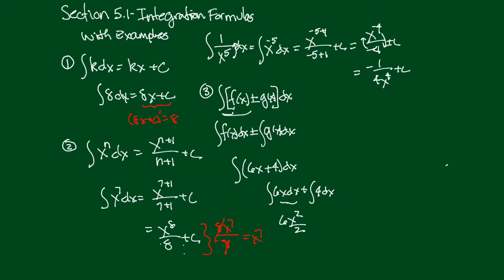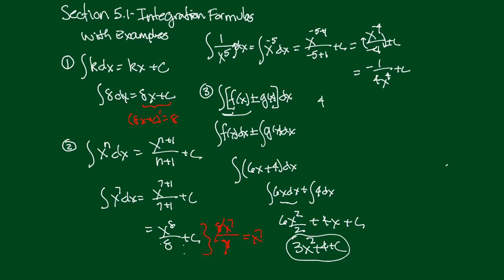When you differentiate, you bring the power down in front and decrease it. But now, when you integrate, you increase and divide. So I'm going to increase by 1 and divide. And then I get plus, and then this is a constant, so I get 4x, but then I get c. And then we can do a little bit of arithmetic here. So 2 into 6 is 3, so we'll get 3x squared plus 4x plus c.